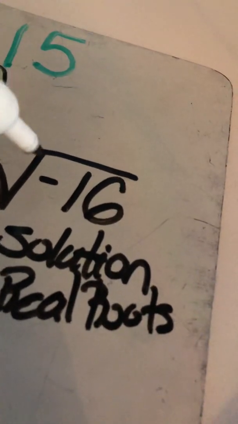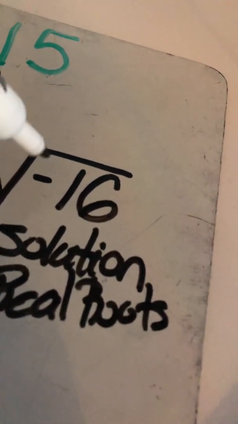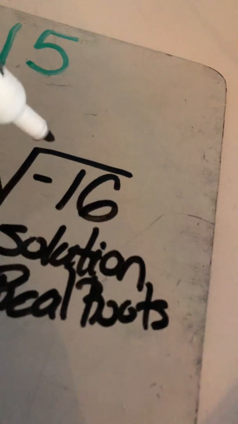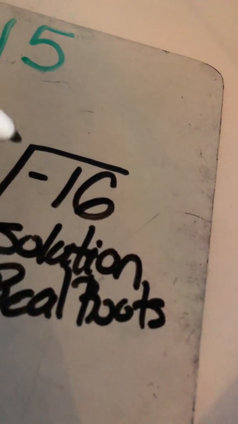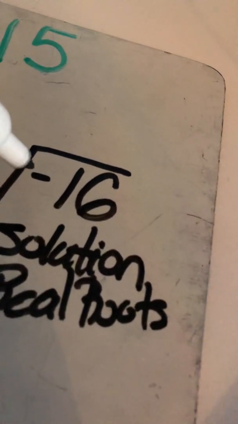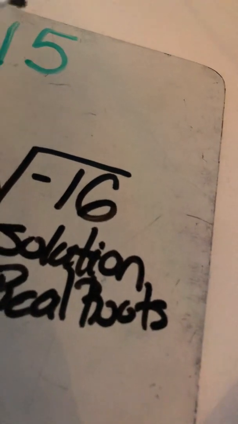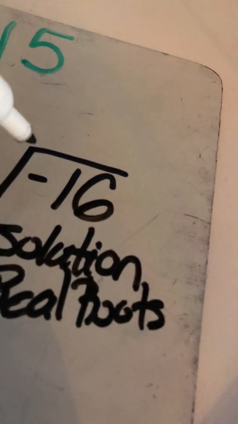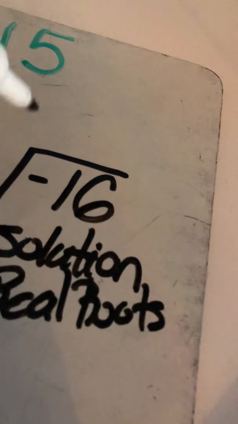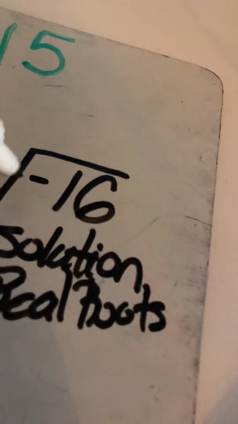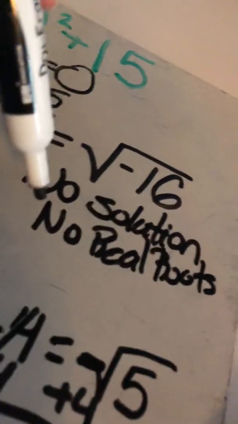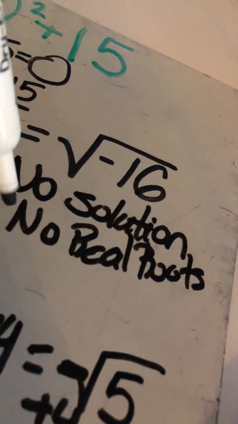There are no 2 numbers that are the same that, when you multiply them together, will give you negative 16. A positive 4 and a positive 4 give you a positive 16. A negative 4 and a negative 4 give you a positive 16. Therefore, no real roots in that situation.